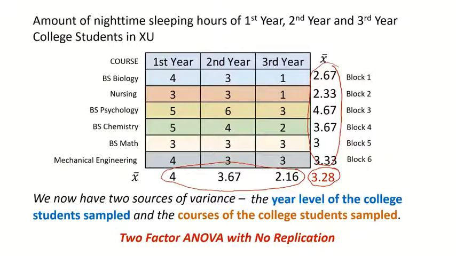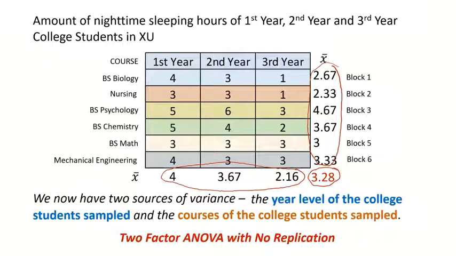So this time, we are going to use what we call two-factor or two-way ANOVA, specifically with no replication. Why two-factor? Again, because there are now two sources of variation. And why no replication?